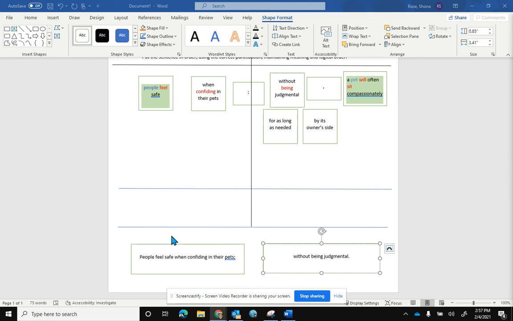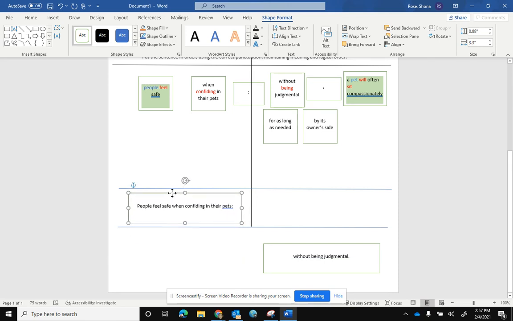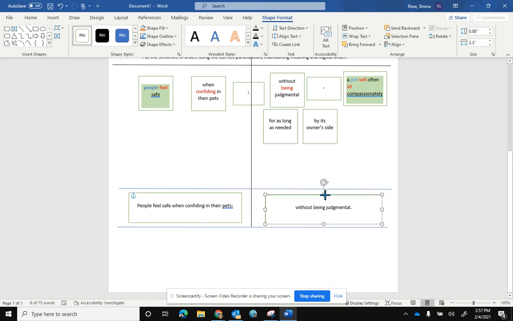So let's look at how this information can help us make decisions about whether or not student sentences are written in the correct way. Look at this one right here. We'll put it in the place before where the semicolon goes, right here along the line. And then what we need to do is make sure that, like before, we have a sentence, a dependent clause on each side.